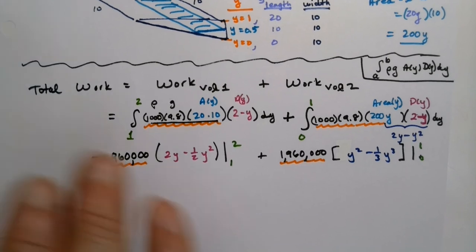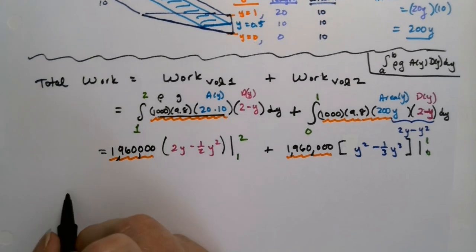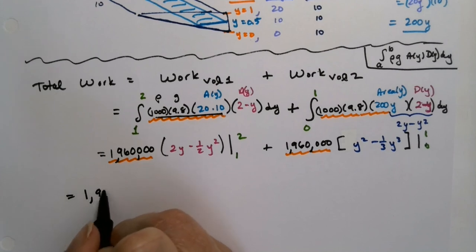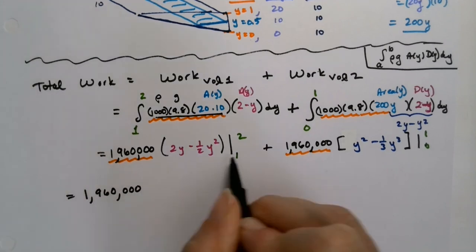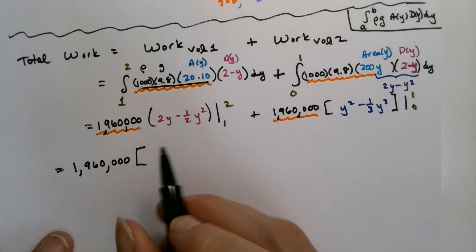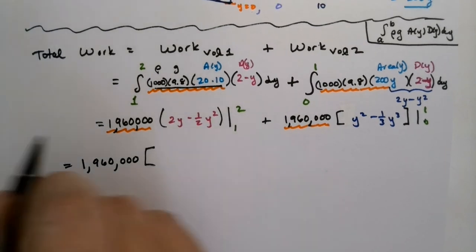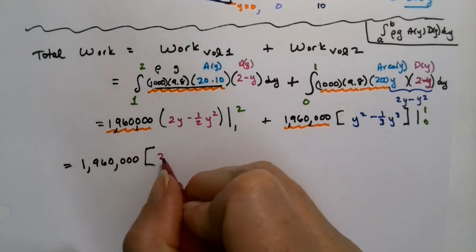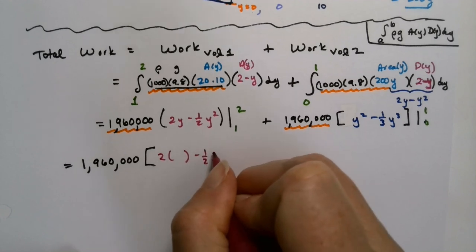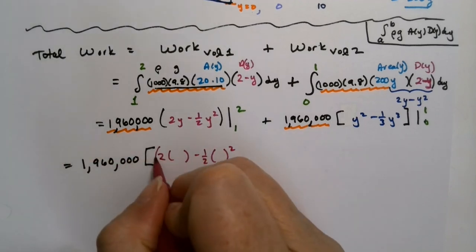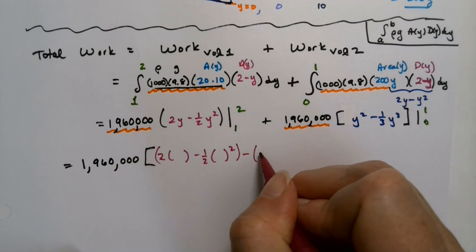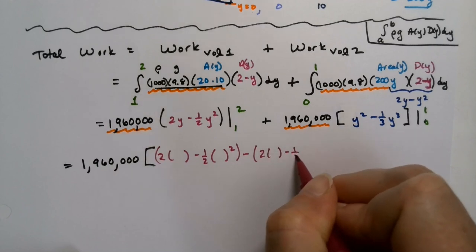Okay, so obviously I can pull a 1,960,000 out of the whole thing because both of them have it. And then I can just find what 2 times 2 minus 1/2 times 2 squared is. I'll take all of that minus, and then a 2 times 1 minus 1/2 times 1 squared.